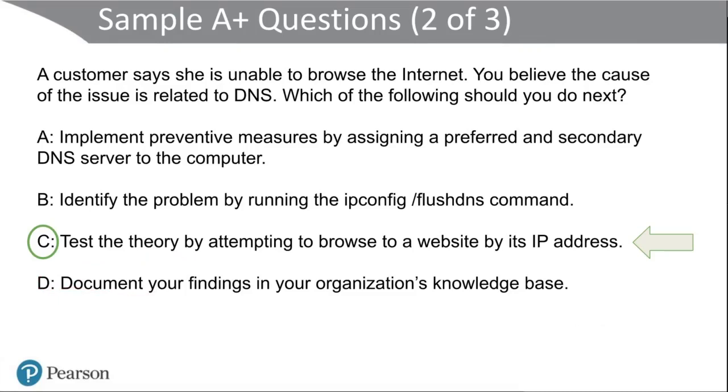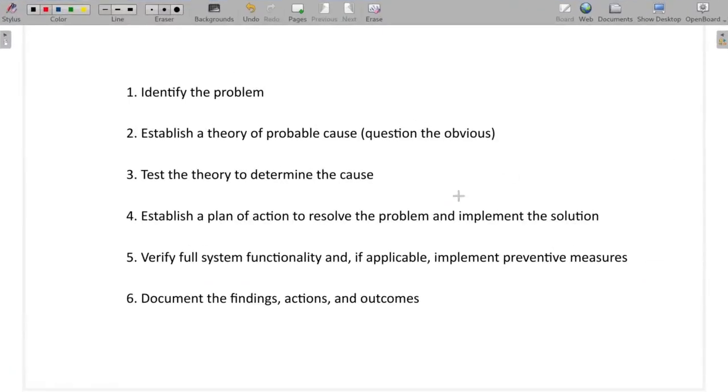Now, this question is based on the CompTIA A+ 6-step troubleshooting methodology, and here it is. Let's review these steps briefly. Step 1 is identify the problem. Gather information from the user, identify any changes, inquire as to environmental or infrastructure changes.